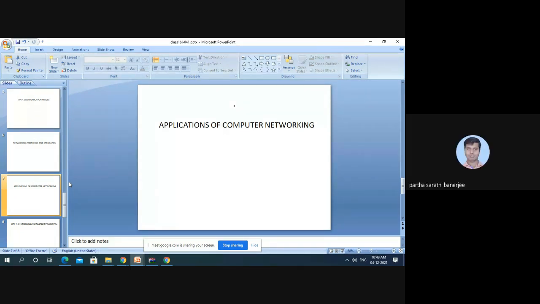Sir, anywhere where a computer is used, in the internet or local area or in a city, to connect one computer to another computer, we use computer network.